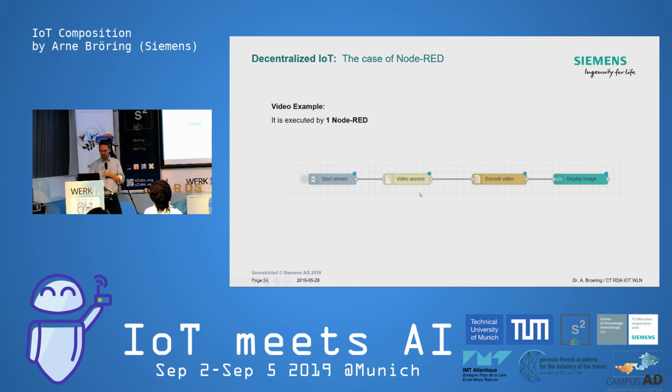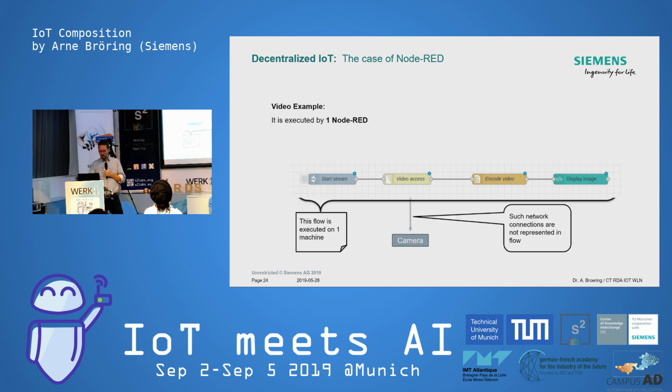This is a node that accesses an IP camera which is connected to my laptop. It encodes that video and displays it, all on the same machine. The network connectivity, so the connection to the camera, is just hidden here in the configuration of that video access node. You see here the URL that I specify.